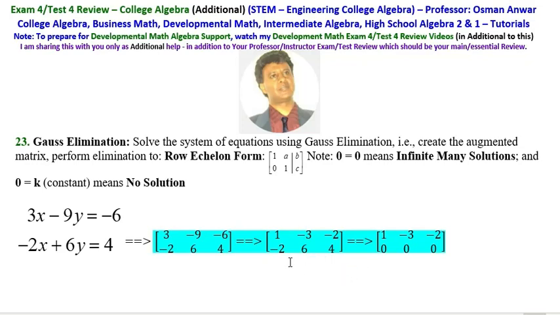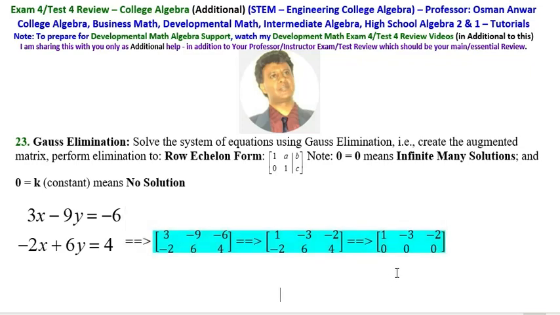Then we need 0 below 1. Then we're going to multiply row number 1 by 2 and add it to row number 2. So keep row number 1 as it is, 1, minus 3, minus 2. Then 2 times 1 is 2, 2 plus minus 2 is 0. 2 times minus 3 is minus 6, minus 6 plus 6 is 0. 2 times minus 2 is minus 4, minus 4 plus 4 is 0.